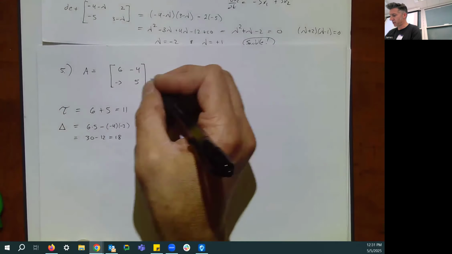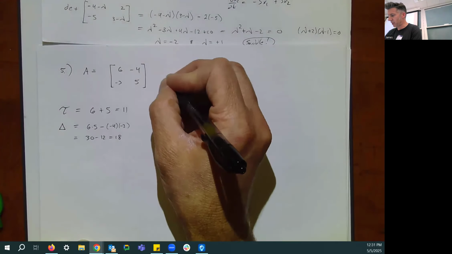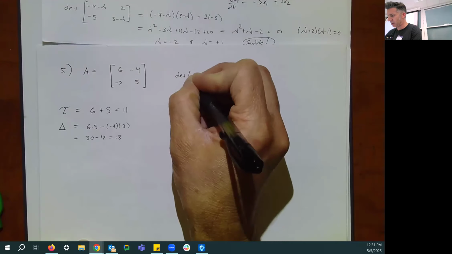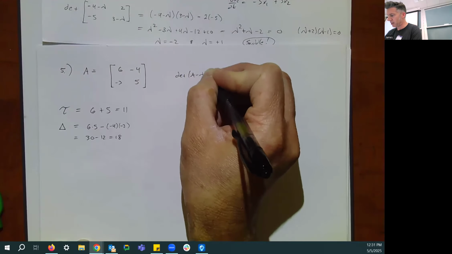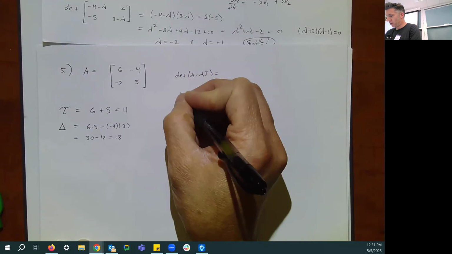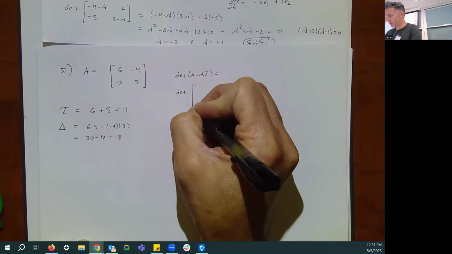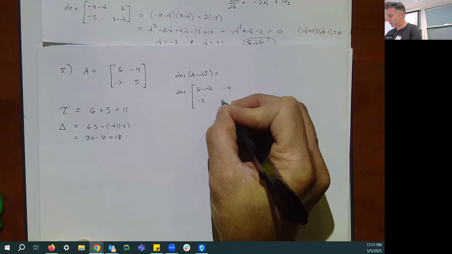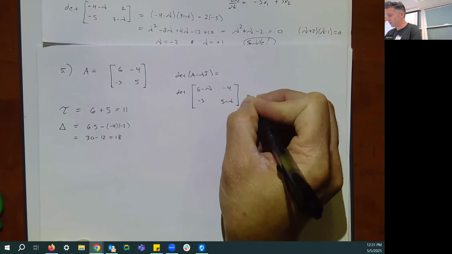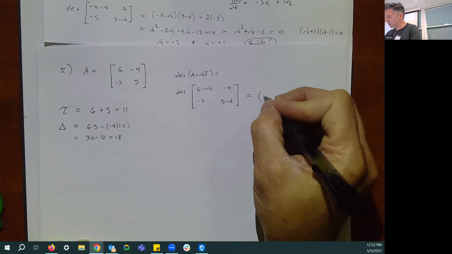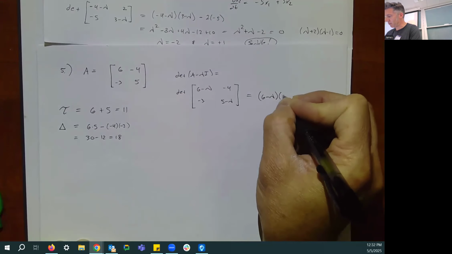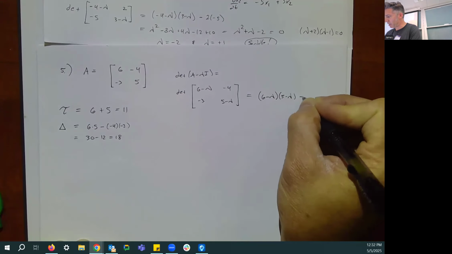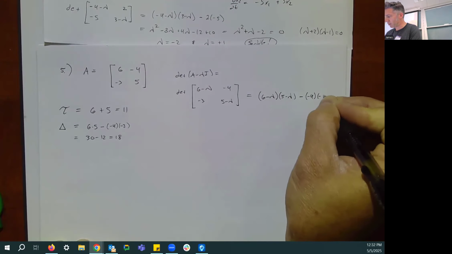So now we're just going to do things the usual way. We're going to say that the determinant of A minus lambda I is equal to the determinant of 6 minus lambda, -4, -3, 5 minus lambda. Multiply the whole thing out. You get 6 minus lambda times 5 minus lambda minus -4 times -3.